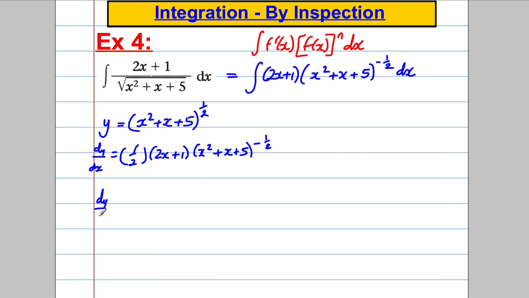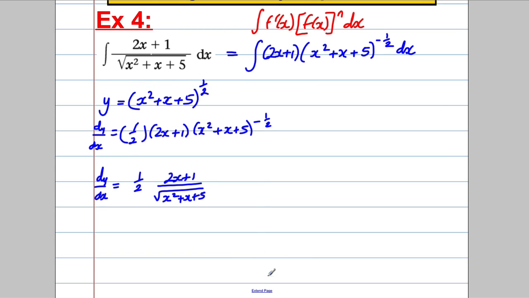And hence my dy by dx is equal to a half, and then 2x add 1 over the square root of x squared add x add 5, which is almost identical with what I'm trying to integrate. So if I'm trying to integrate 2x add 1 over the square root of x squared add x add 5, I know how to integrate half of this, which is this answer, so I'm going to stick a half in there, and to undo that, I'm going to multiply outside by 2.